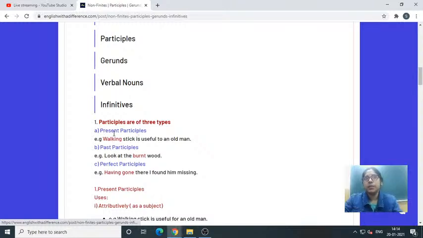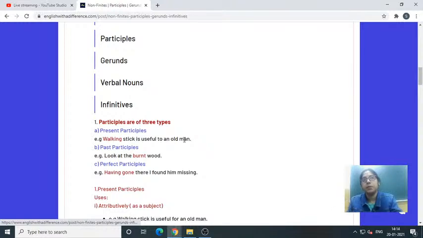Okay. A present participle is, for example, walking stick is useful to an old man. Okay, so here in participles, we have past participle and we have present participle, isn't it? जैसे हम लोग बोलते V1, V2, V3, V4. V3 is past participle and V4 is present participle.